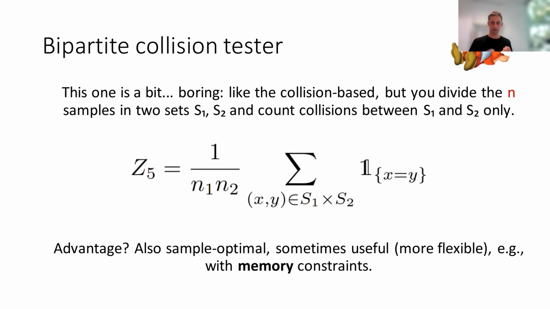In particular, if you're in a streaming setting or memory-constrained setting, you can use that to have a small set and a big set, and you get a trade-off between the 2. All you need to do is remember a small number of samples, and if the other ones come in as a stream, you just check if they collide with something you already have kept in memory. That basically allows you to trade some memory usage for some sample complexity if you deal with small memory devices and data that comes in a streaming fashion.